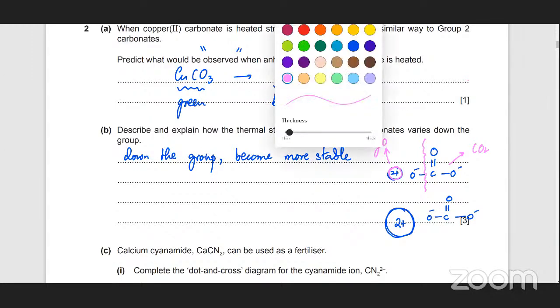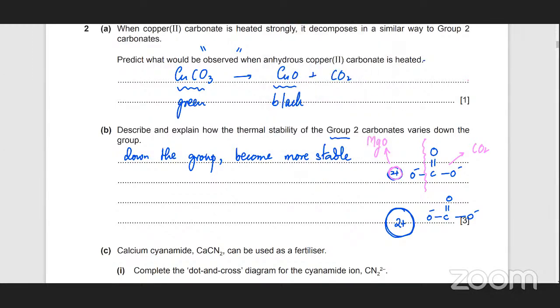So what are you going to write here? The first thing: the temperature required to decompose increases down the group. So write down the group. Let's keep it short, they write the detailed answer themselves. Cationic radius increases. So what happens down the group?